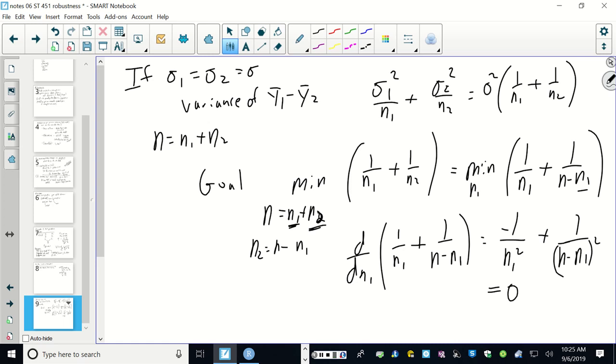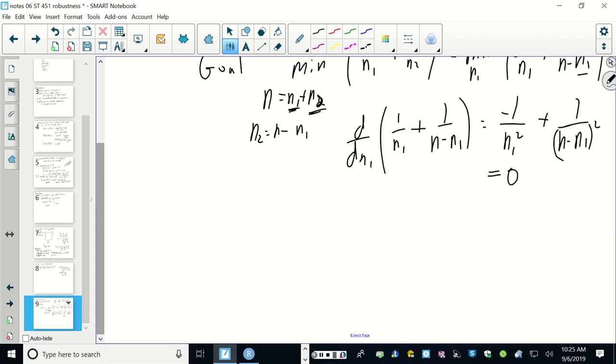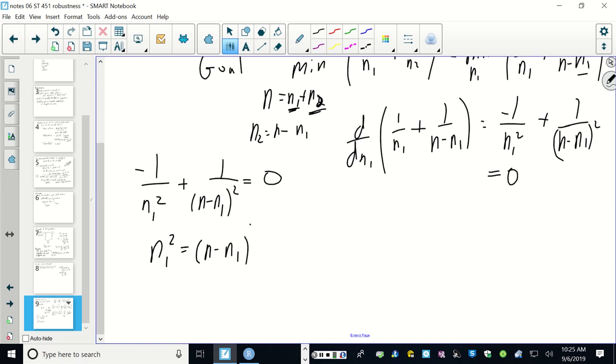So that equation that we've gotten here, -1 over n1 squared plus 1 over (n minus n1) squared equals 0. If you add this one to the other side and multiply through, you get n1 squared equals (n minus n1) squared. Those two things have to be equal.